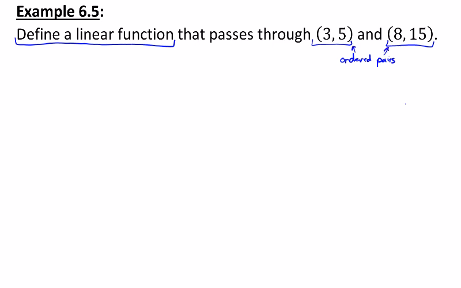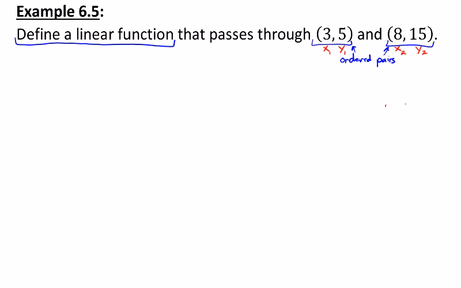This is an x value, that's a y value, this is an x value, and that's a y value. Typically when we have multiple ordered pairs, it's easier to keep track of them if we label them using subscripts. So I'll call this x1 and y1, and these will be x2 and y2.